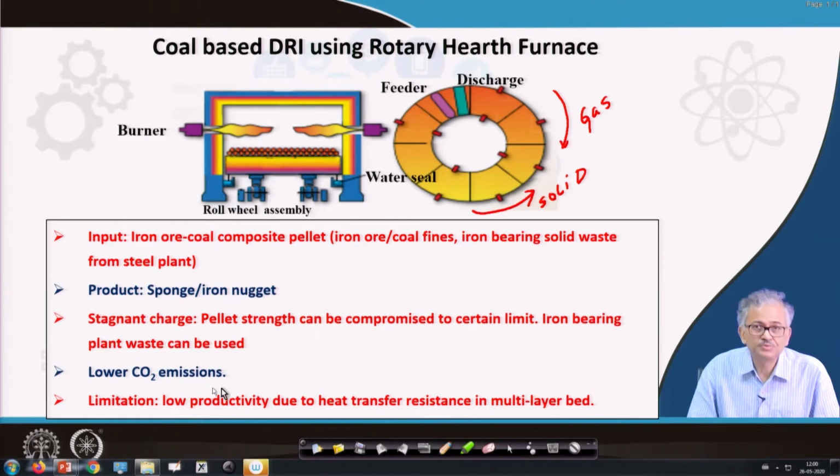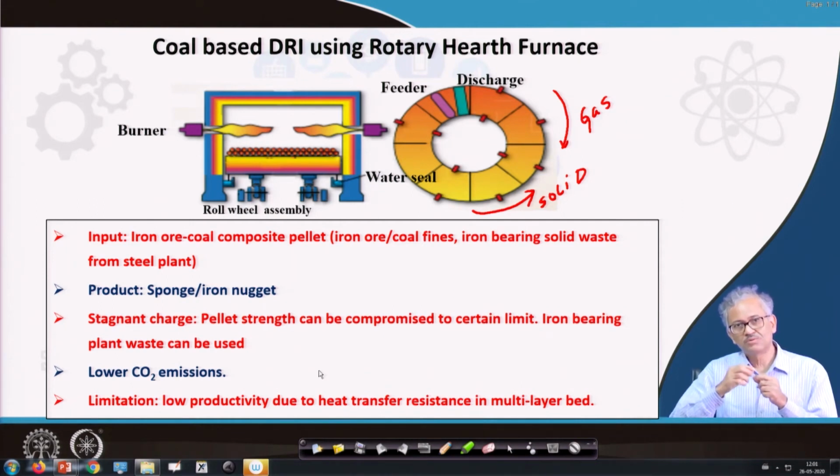Lower CO2 emission. The CO2 emission is less because here the carbon and the ore are in intimate contact with each other, because you have mixed up the iron ore fines and coal fines. As a result, the reduction kinetics is much faster and utilization of the carbon is also much more.